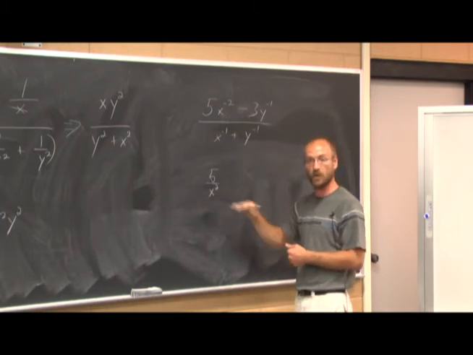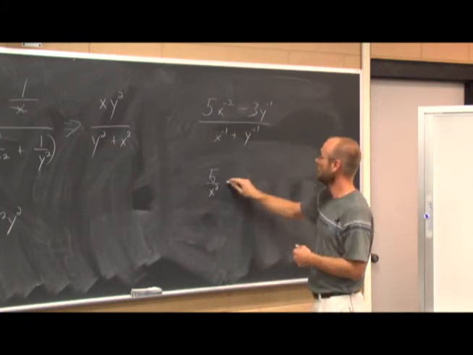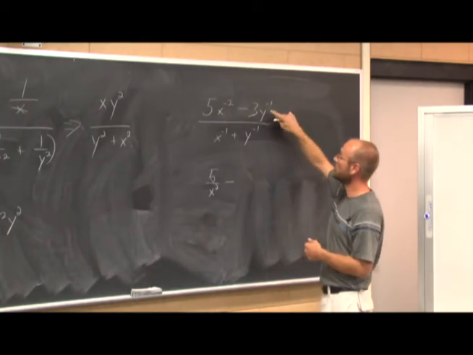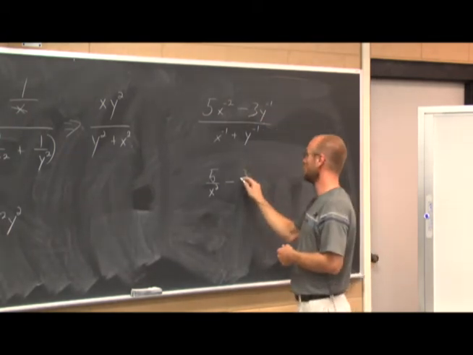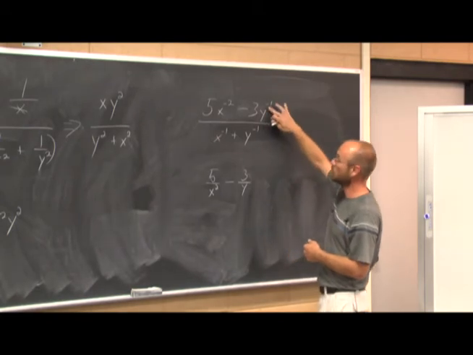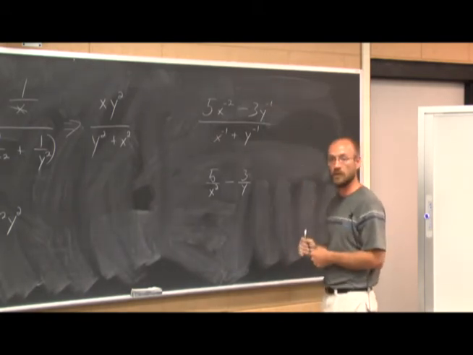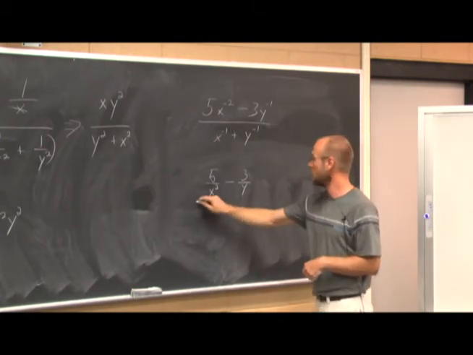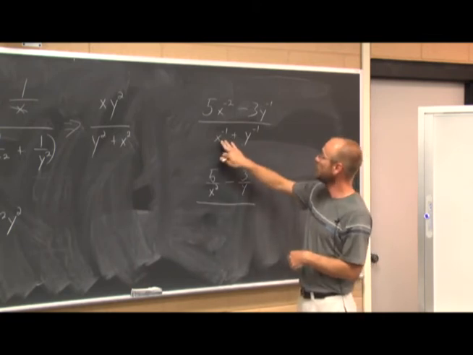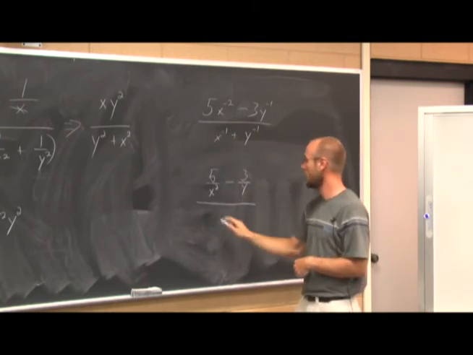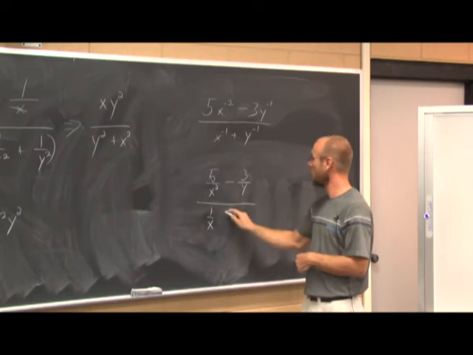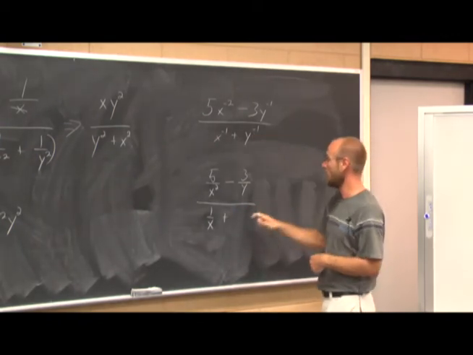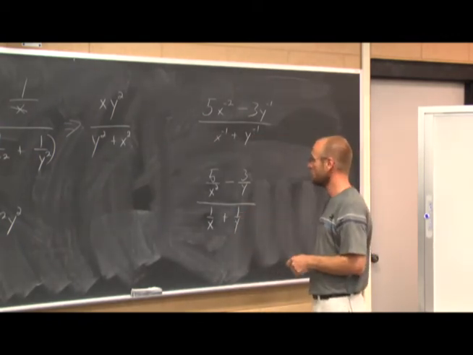So x squared goes in the denominator. Here, it's minus 3 times the reciprocal of y, which would be 3 over y. Reciprocal rule of exponents says we can move it to the denominator and change the sign of the power. Hopefully we remember that. In the denominator, I have the reciprocal of x, which is 1 over x, plus the reciprocal of y, which is 1 over y.